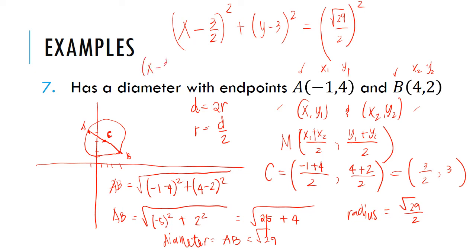Or x minus 3 halves squared plus y minus 3 squared equals the square of square root of 29 is 29, and the square of the denominator 2 is 4. So this is the final answer.